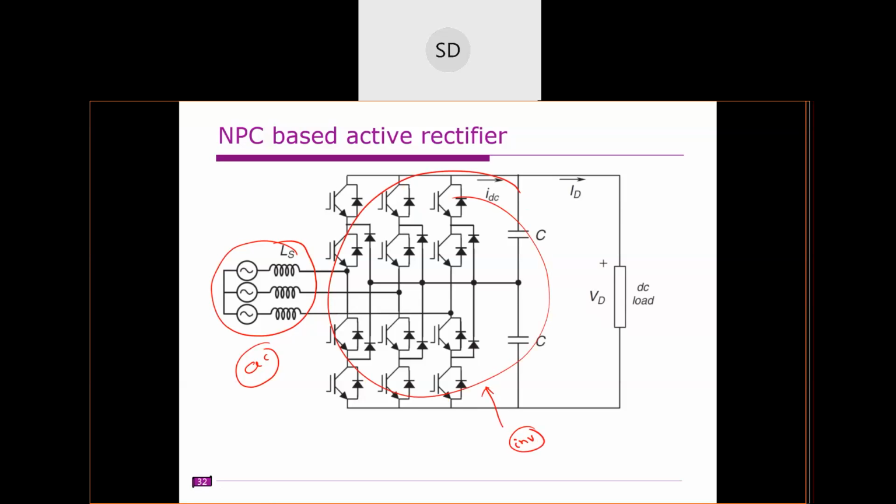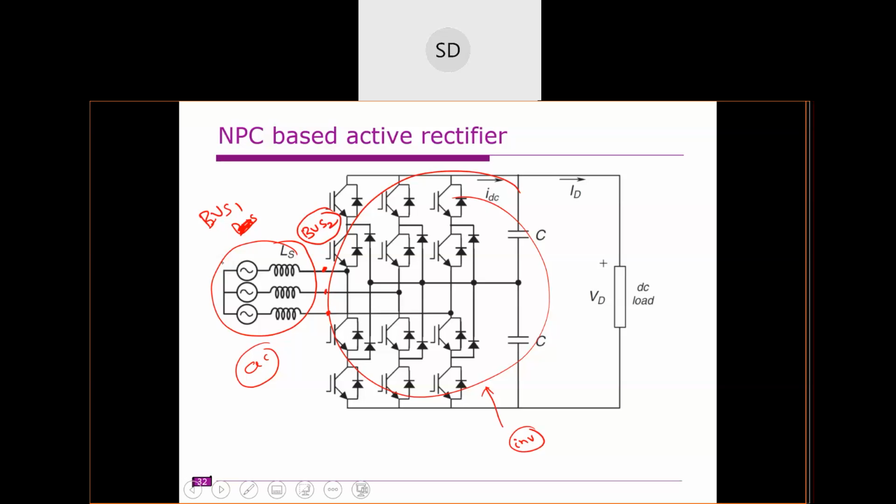So we are trying to operate two sources. Assume that this is one bus, maybe bus one, and the terminals that are available here are bus two. So we must have some real power flow from bus one to bus two.